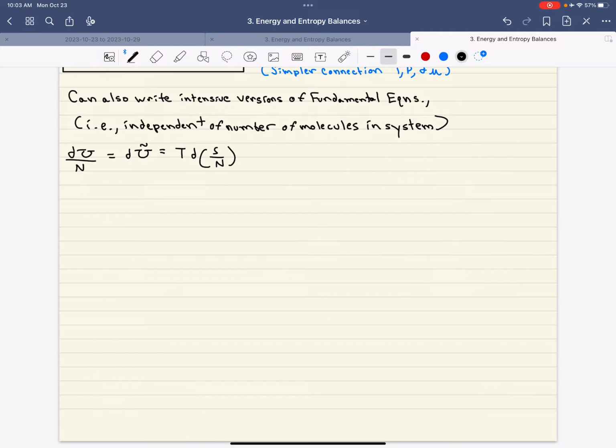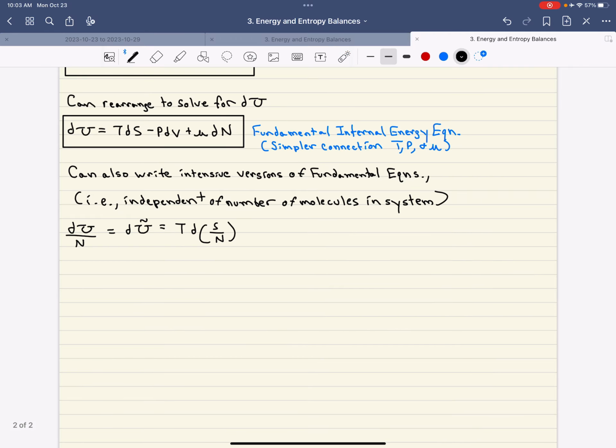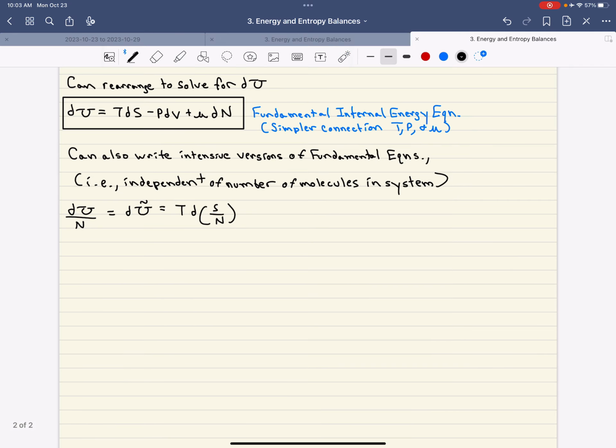And what we're going to do is we're going to put the N in all of the derivative terms. Okay? So we have T dS over N there, P dV over N, and here we're going to have mu dN over N.